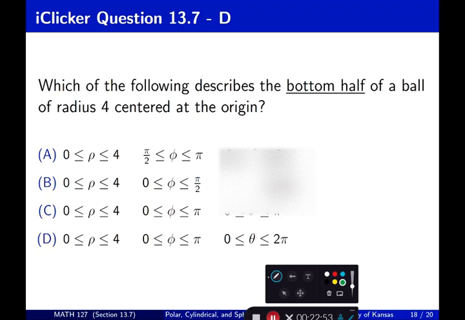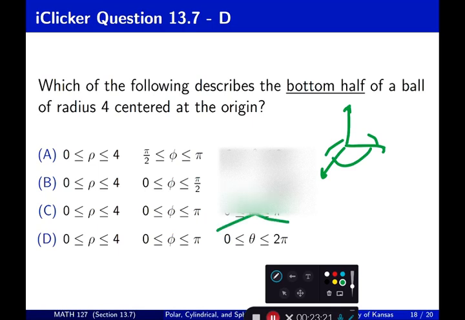So hopefully you took a break and solved. Here for all 4 options, rho is between 0 and 4. The bottom half of the sphere is around here. It goes all around. That means theta has to be between 0 and 2 pi, so this one's out.